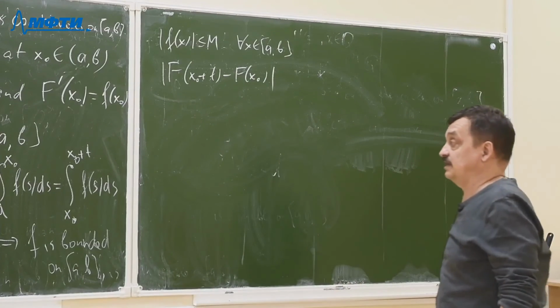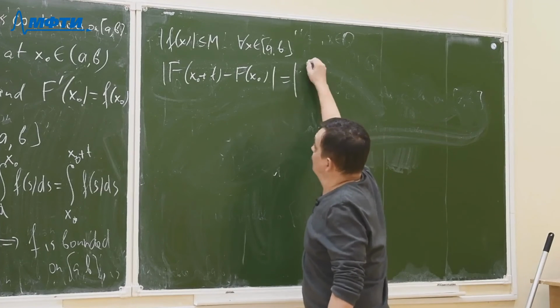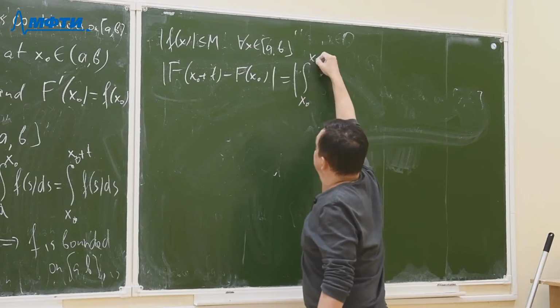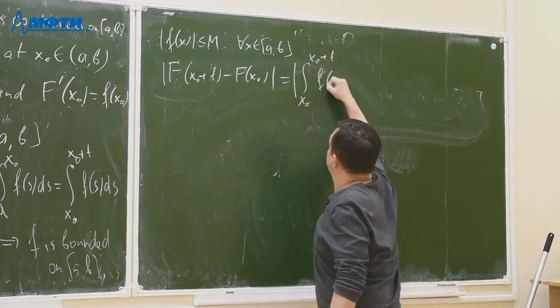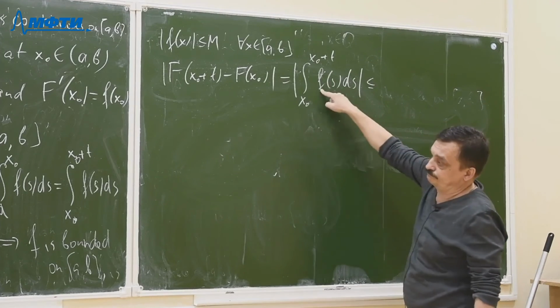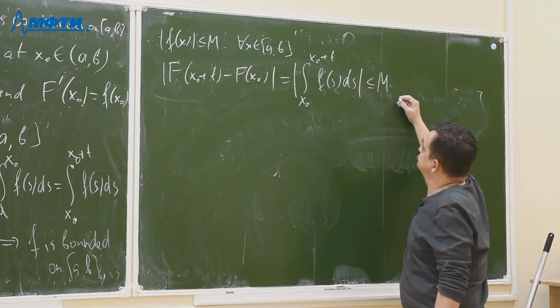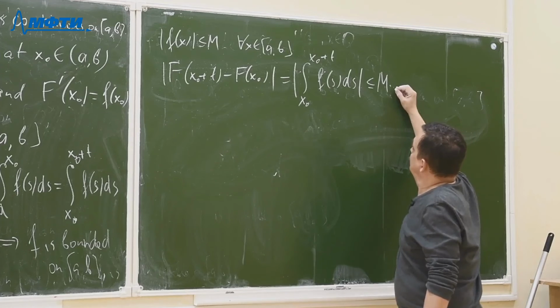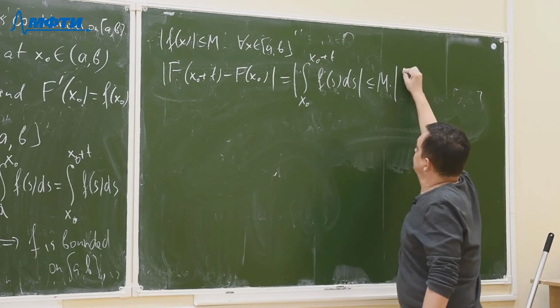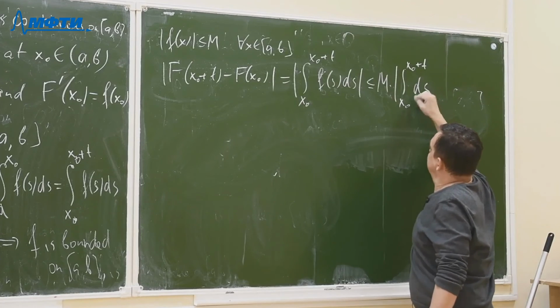We can estimate it as, that is, the modulus of the integral, that is less or equal than capital M times, okay, I will write the modulus of the integral ds.